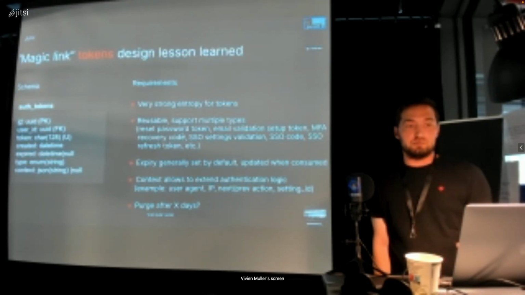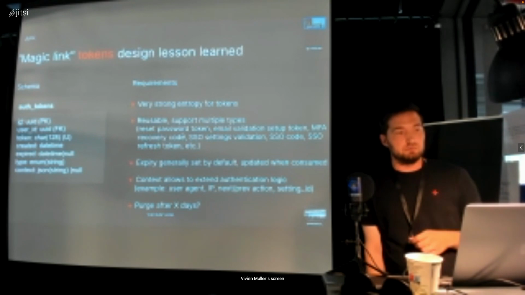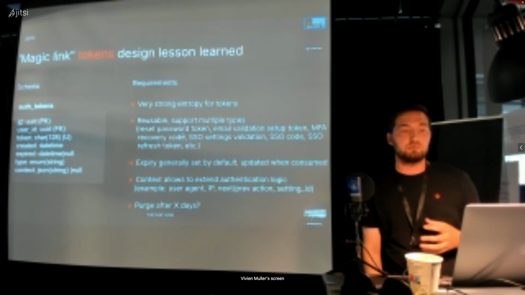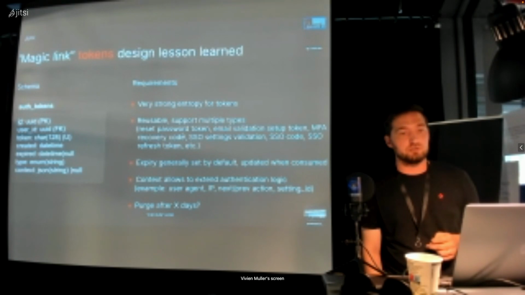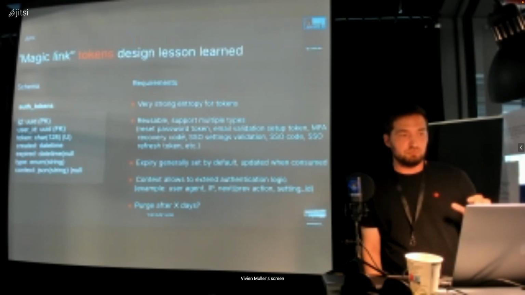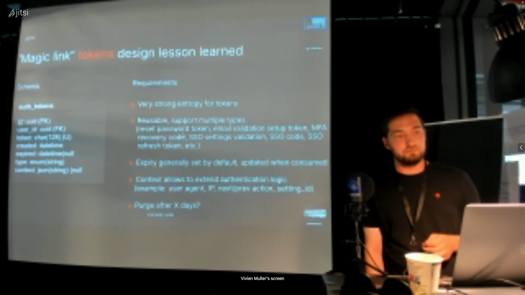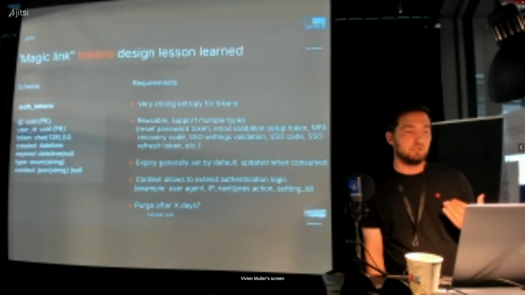So some of the lessons learned we had with magic link tokens. Ultimately, we have started reusing this authentication token in many places. Sometimes you will have a reset password token, or email validation to set up your account on a new device, and so we ended up reusing the same table with a token, which is a large random token, and an expiry date that is already set directly.